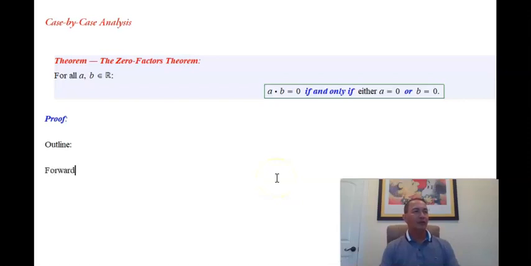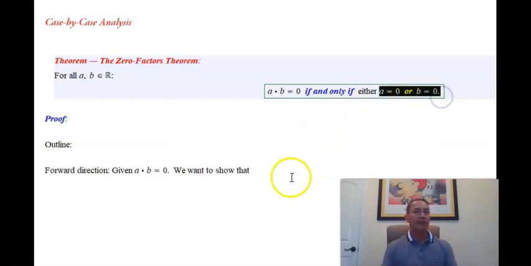The forward direction says we are given a times b equals 0. We want to show that a equals 0 or b equals 0. That's the forward direction or the forward implication.